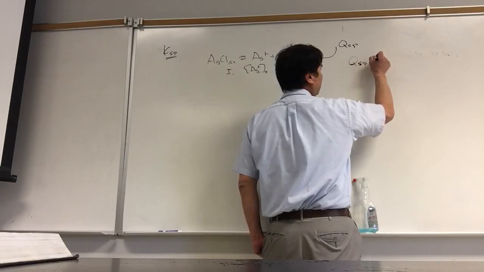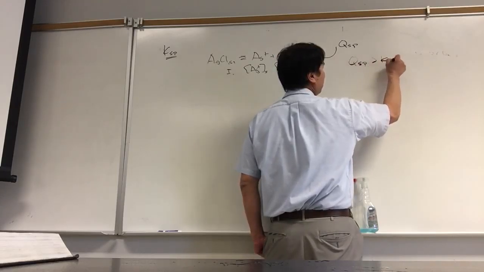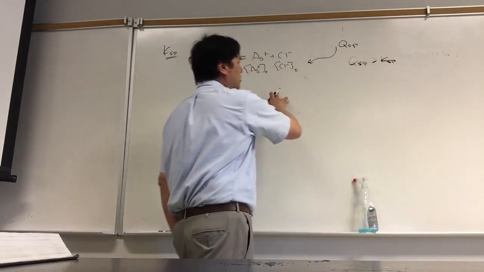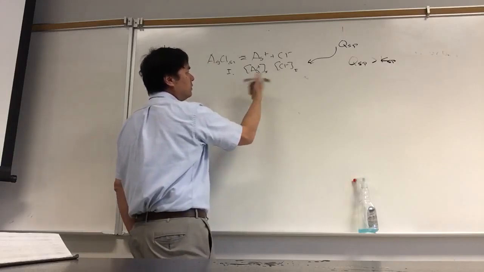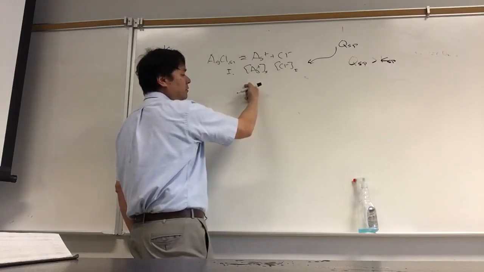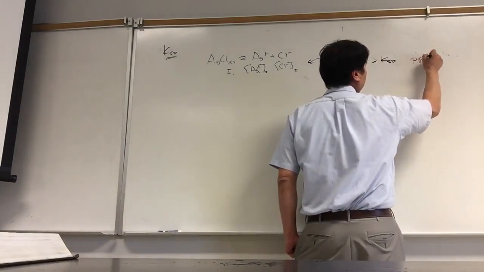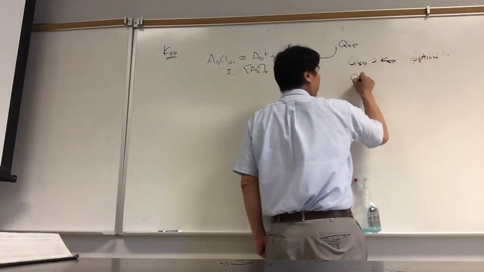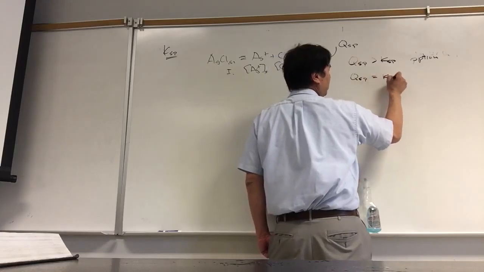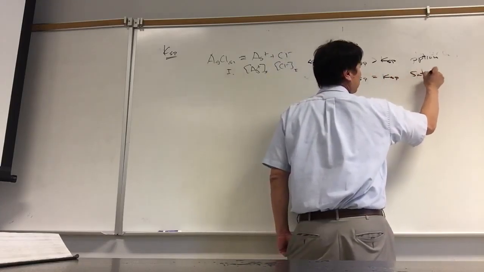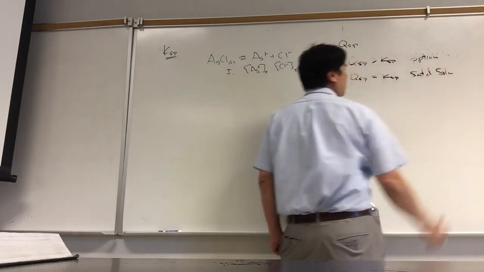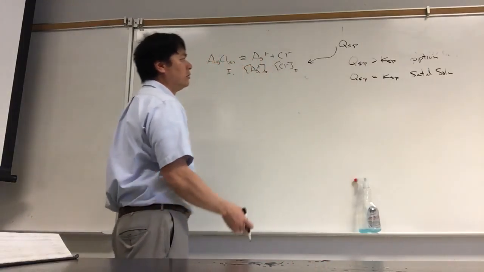So if QSP is greater than KSP, then we have too many ions in solution, and so this should shift to the left, which means we're going to get precipitation. If QSP is equal to KSP, then we call that a saturated solution. A saturated solution will be at equilibrium.